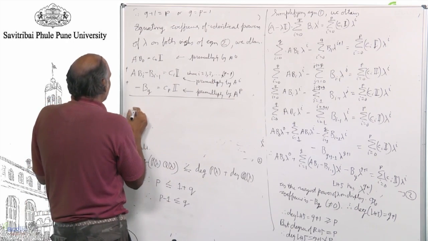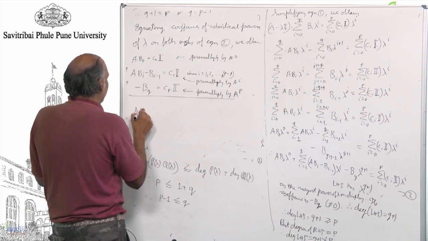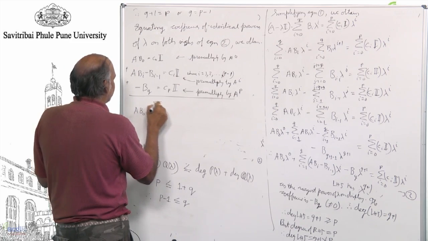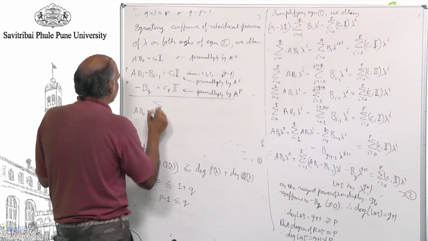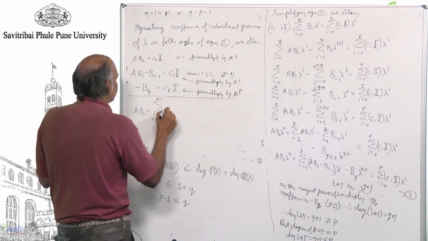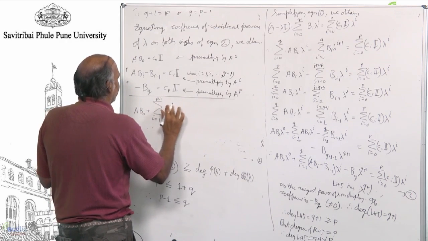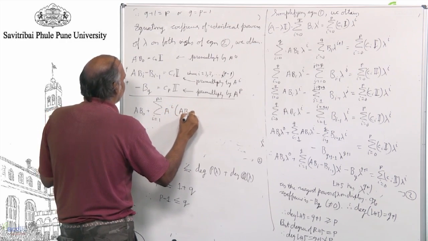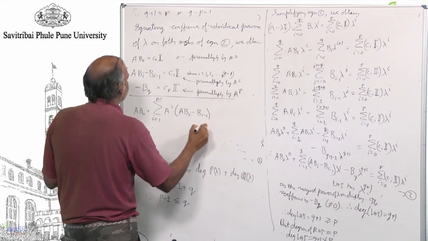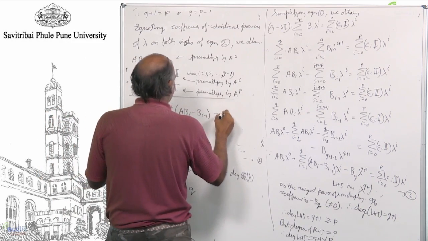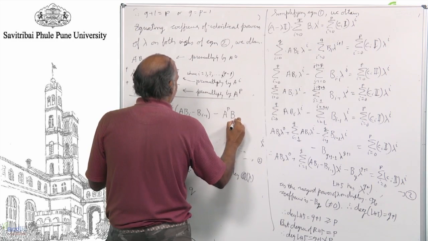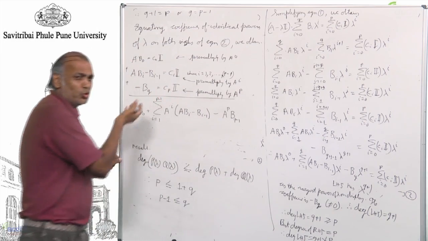So I would get A b0 plus sigma over i equal to 1 to p minus 1 of A to the power i multiplied by (A b_i minus b_{i-1}), minus A to the power p b_q, and let me write this as p minus 1 because q is p minus 1.